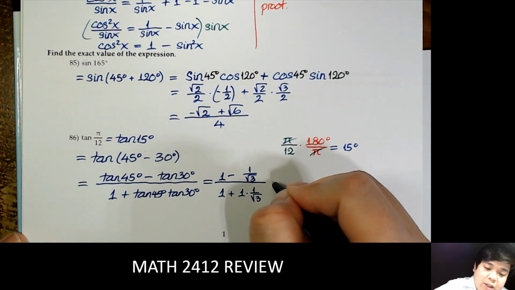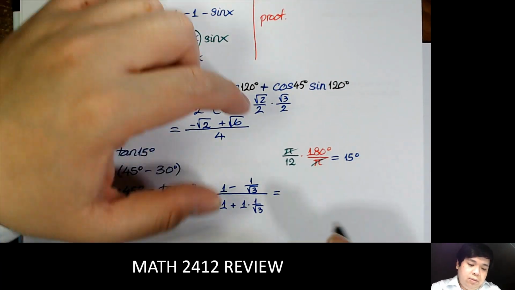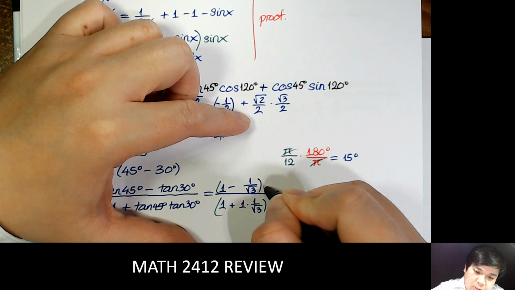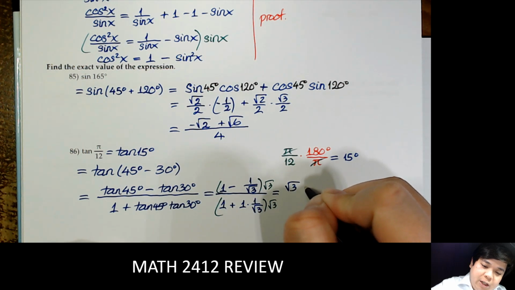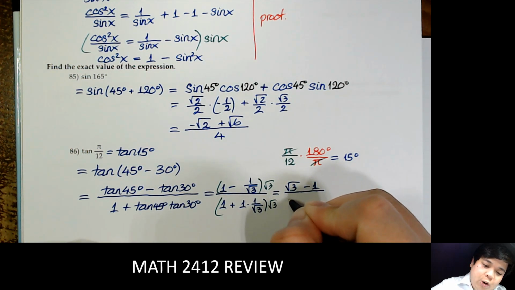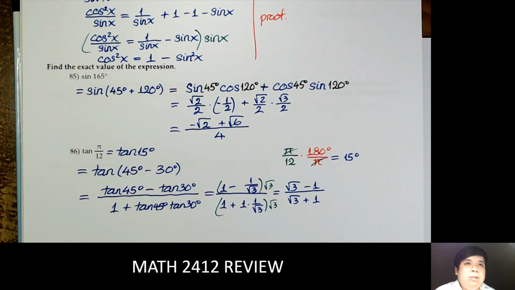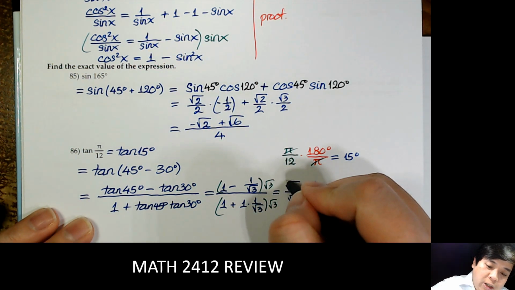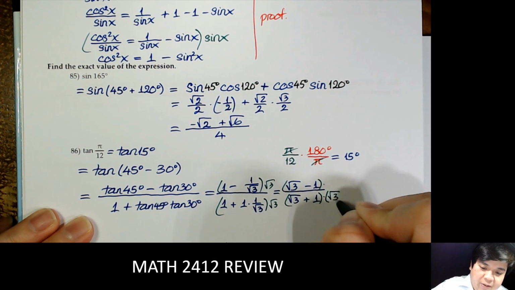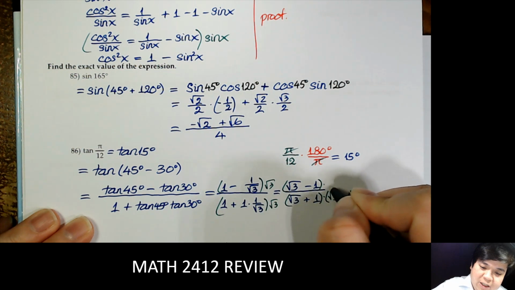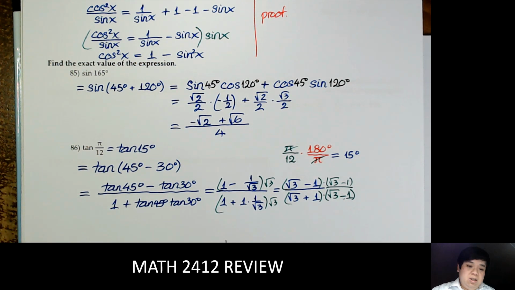If we multiply square root of 3 top and bottom, we should have square root of 3 minus 1 over square root of 3 plus 1. We can stop at that point. If we want to, we multiply by the conjugate at the bottom, so we have to rationalize the denominator. The conjugate meaning if there's a plus, multiply by the minus in the middle.